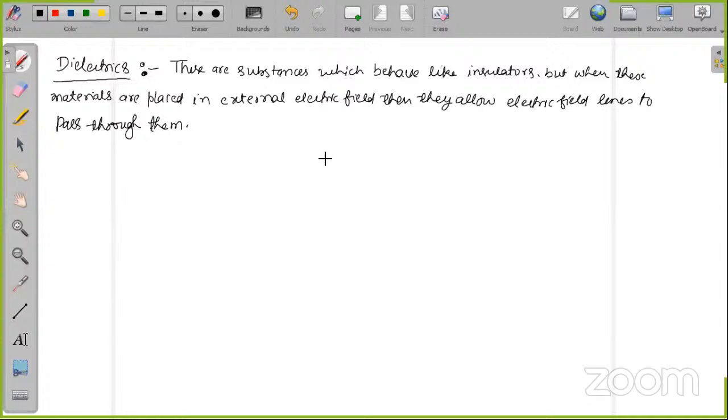So this is the definition of dielectrics. They do not allow charge to pass through them, but they allow electric field lines to pass through them.